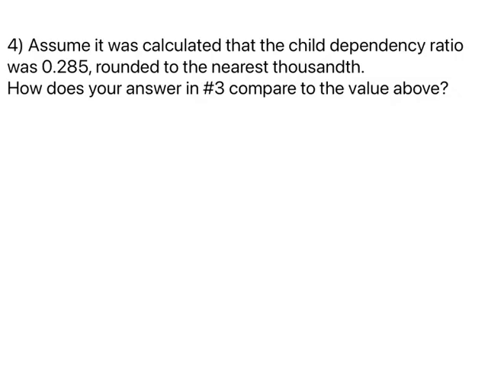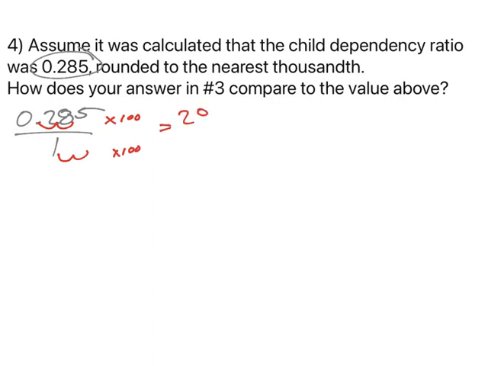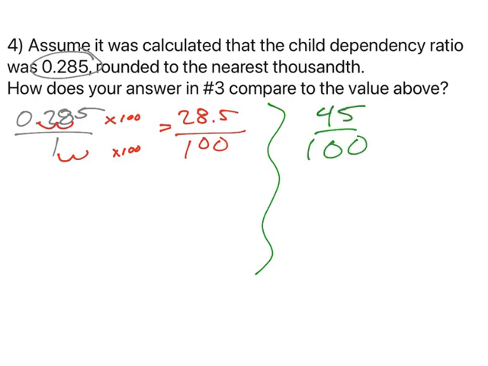Now, assume it was calculated that the child dependency ratio is actually 0.285. That's out of 1. So if we wanted to change that to 100, we'd multiply the top and the bottom by 100, and we would get 28.5 over 100. How does this compare with what we just had? Remember, the answer that we just looked at was roughly 45 over 100.